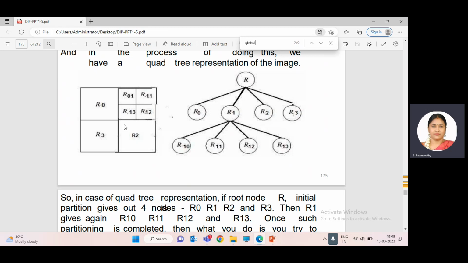And whenever I'm splitting an image, as I have told, it is divided into 4 components: approximation, horizontal, vertical and diagonal. All the features of the image will be transferred into the approximation coefficient. So the details of the image can be segregated using the approximation coefficient. Here we can see the approximation holds the area of R0.